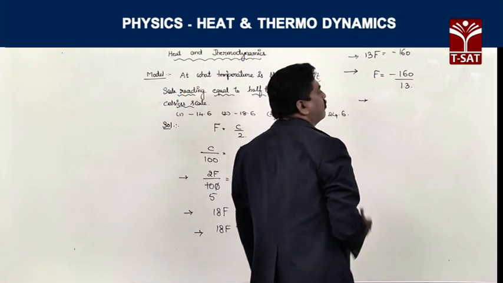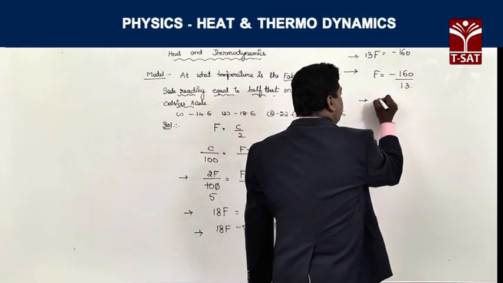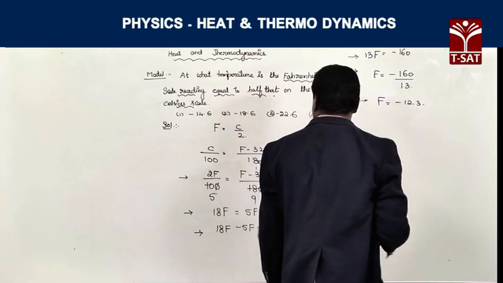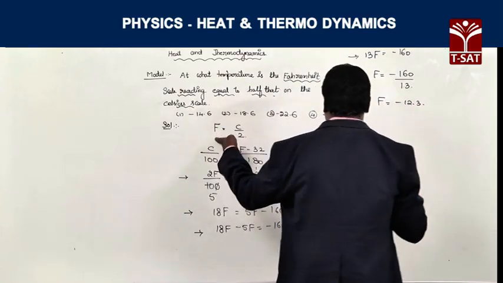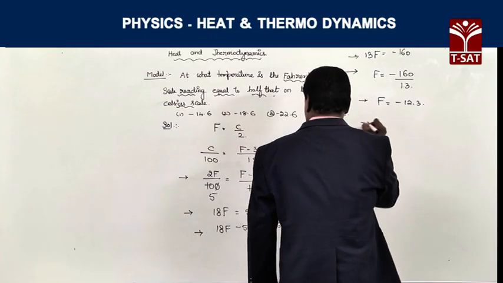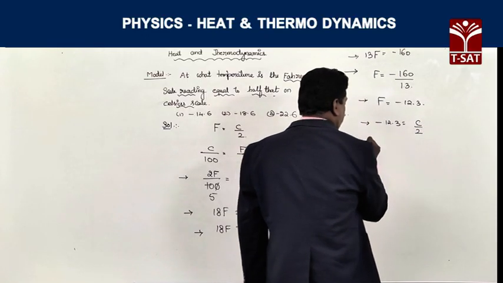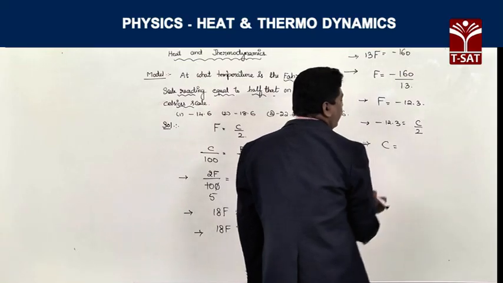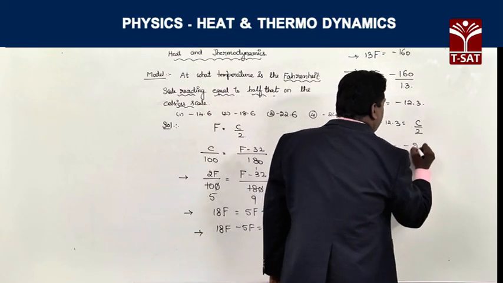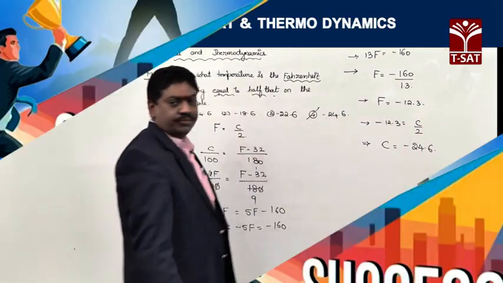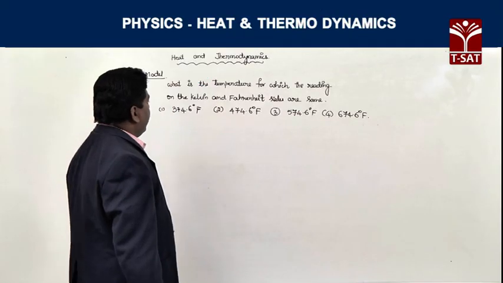On dividing minus 160 by 13, we get F equal to minus 12.3. Substituting the value of F, we get minus 12.3 is equal to C by 2, and C is minus 24.6, which is our fourth option. Now, let us consider another model.